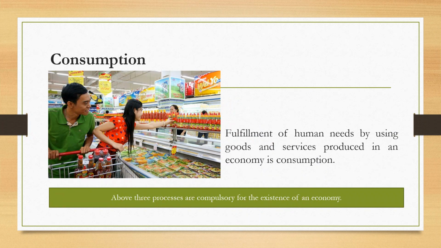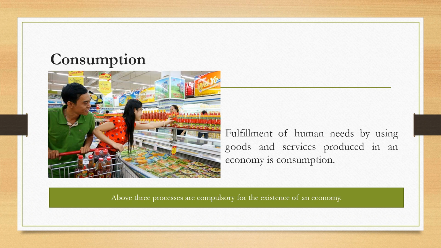Here we can see what consumption is. What do you mean by consumption? We can define it: fulfillment of human needs by using goods and services produced in an economy is consumption.